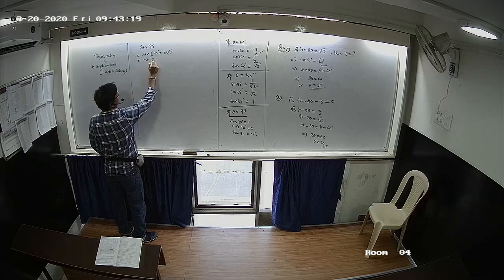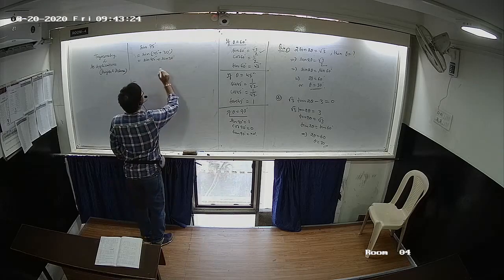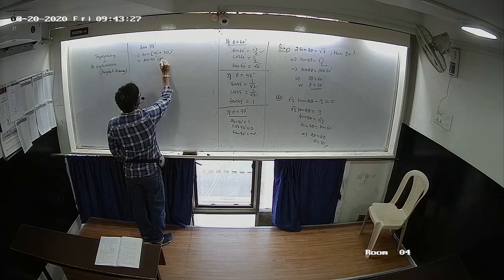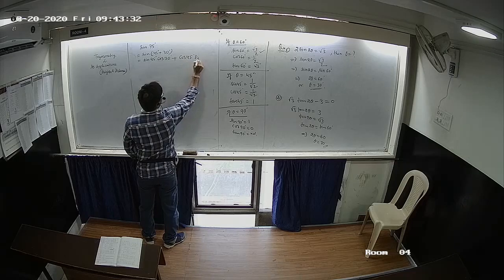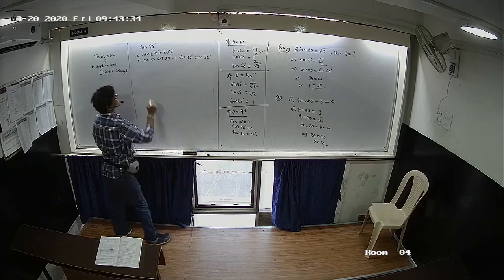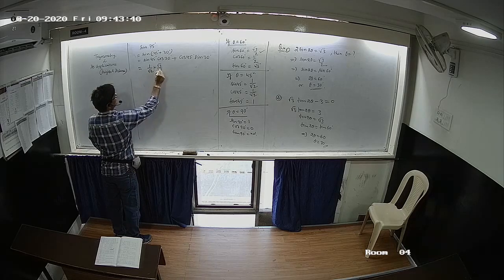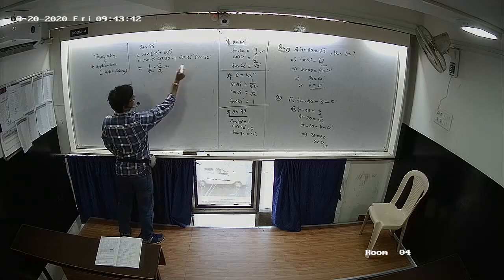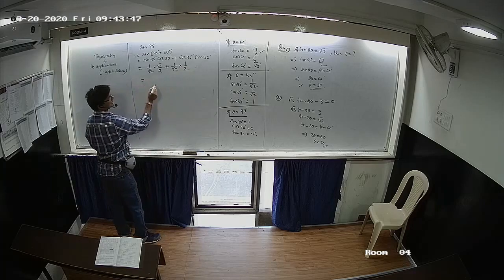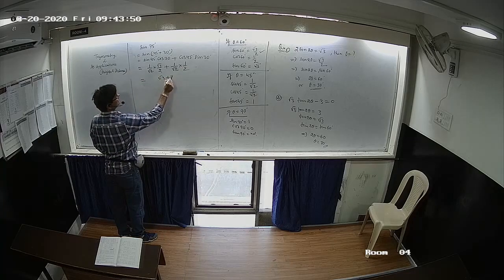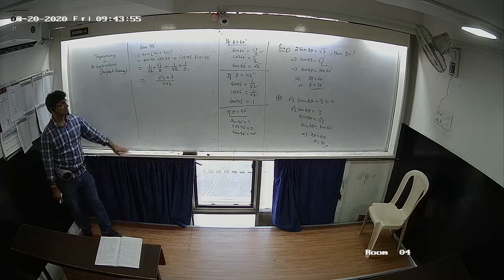This is equal to sin 45 degree cos 30 degree plus cos 45 degree sin 30 degree. So that is equal to 1 upon root 2 into root 3 by 2 plus 1 upon root 2 into 1 by 2. So that is equal to root 3 plus 1 on 2 root 2. Further, if you rationalize, you get the value.